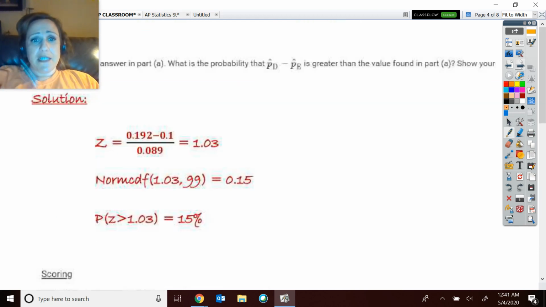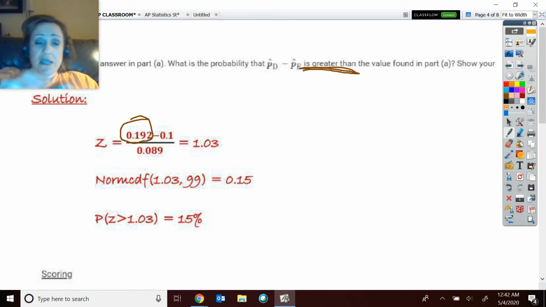All right, and finally they said, hey, you got the sample results of 0.192 here. How unusual was that? What's the probability that you would have gotten those results or something greater, a difference between those two populations bigger than 0.192?